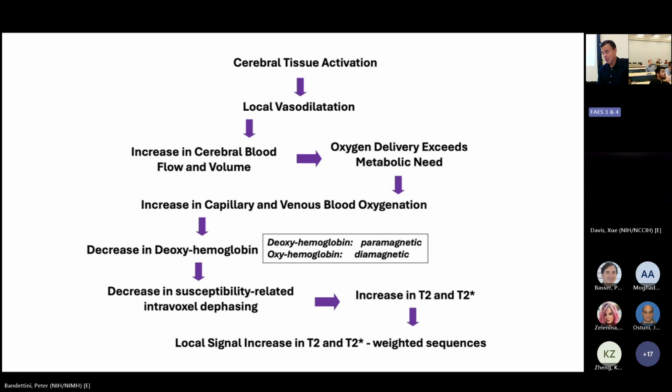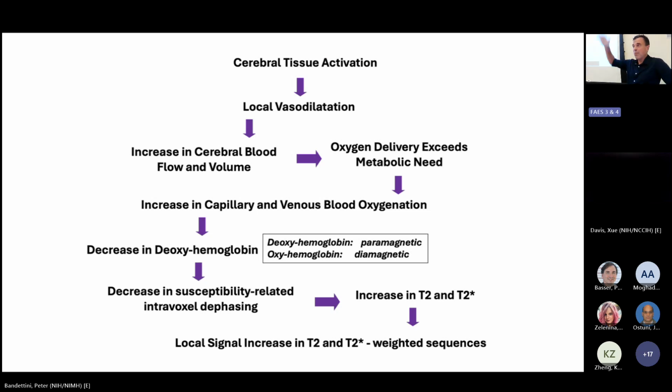I'm not going to go into too much depth. Basically, activation causes an increased arterial blood flow and volume, where the oxygen delivery exceeds the metabolic need. This increases the capillary and venous oxygenation. It decreases the amount of deoxyhemoglobin. What we care about is the deoxyhemoglobin. That's the contrast agent. If we have less of that, you have a higher signal.